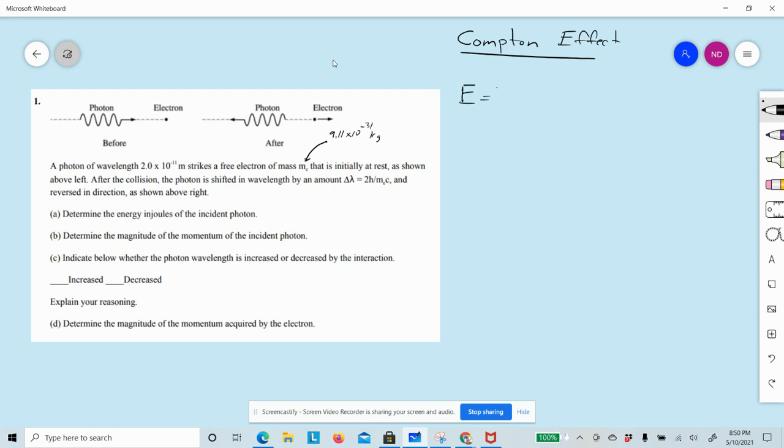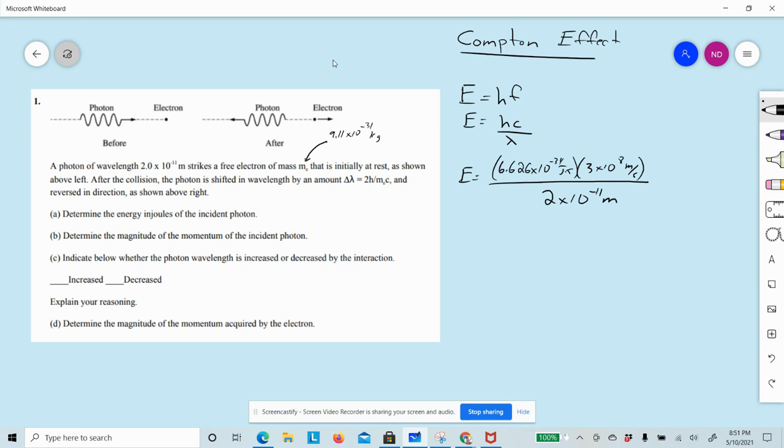Okay, energy equals hf. We're not given f. Instead, we're given the wavelength, but that's okay because this works out. Energy equals h times frequency, and frequency is the speed of light divided by the wavelength. So now energy equals Planck's constant, 6.626 times 10 to the minus 34th joule seconds, multiplied by the speed of light, 3 times 10 to the 8th meters per second, divided by lambda, which was 2 times 10 to the minus 11 meters.